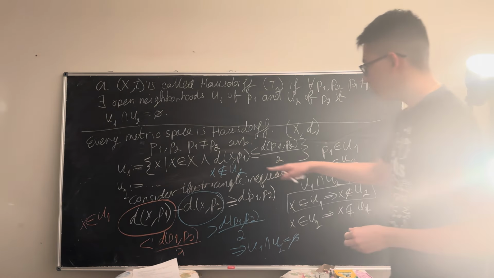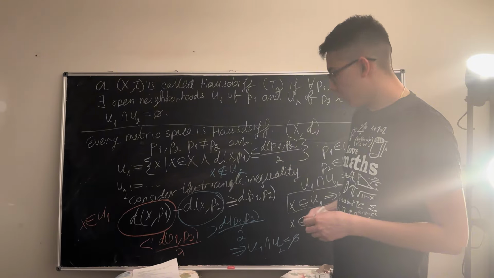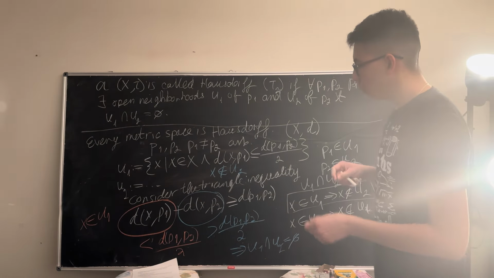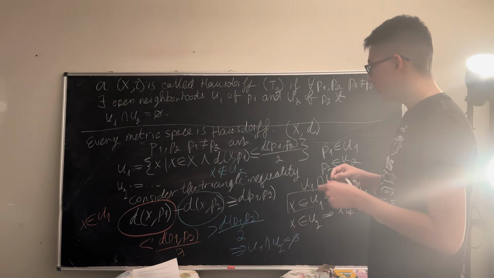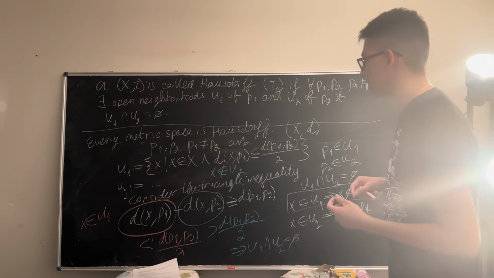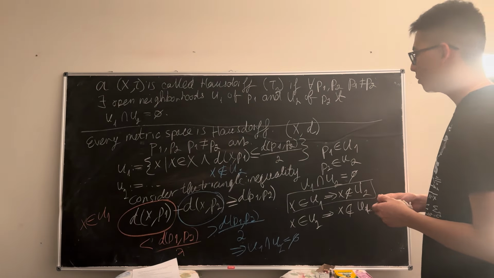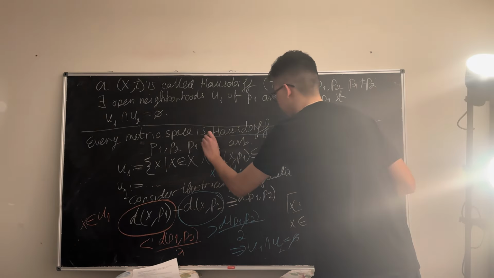Now, since our points P1 and P2 were arbitrary, this works for any two distinct points in a metric space X, which means that every metric space is Hausdorff.